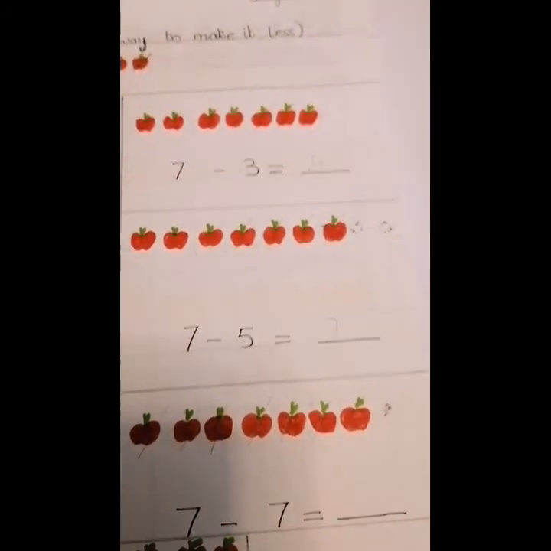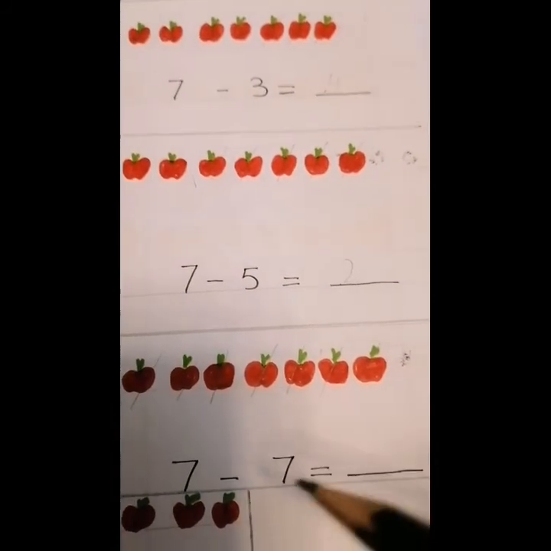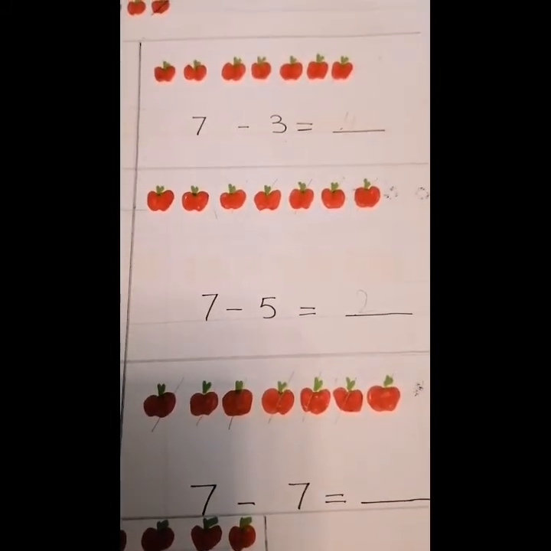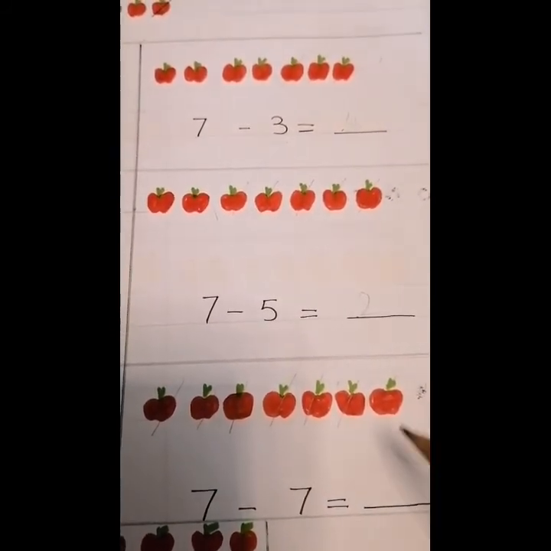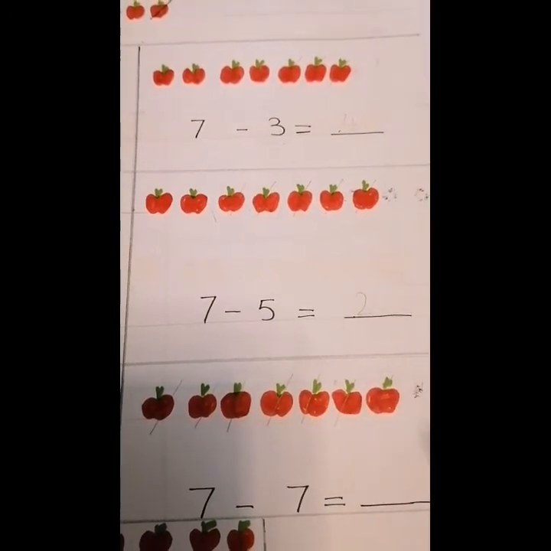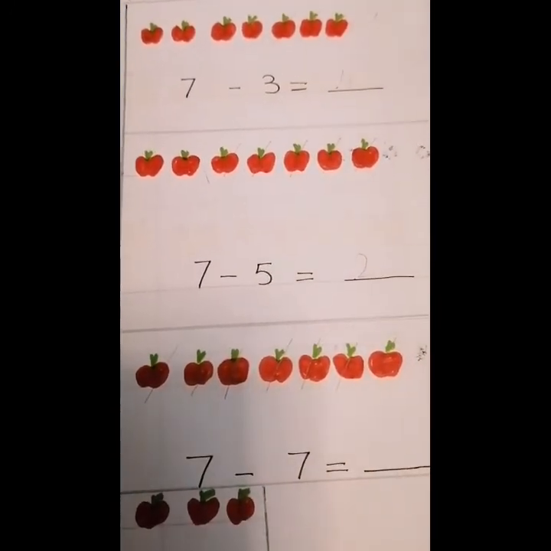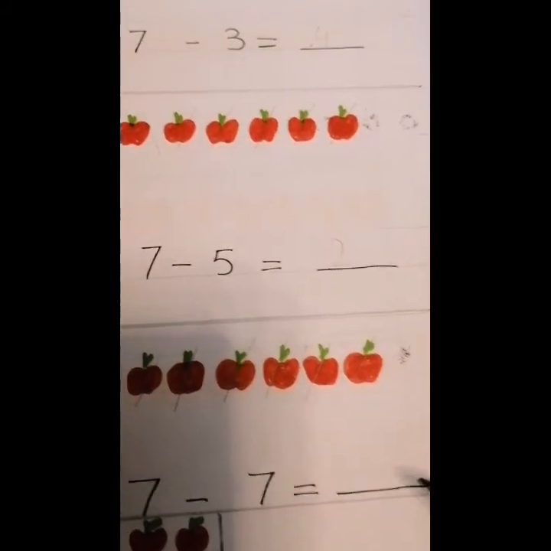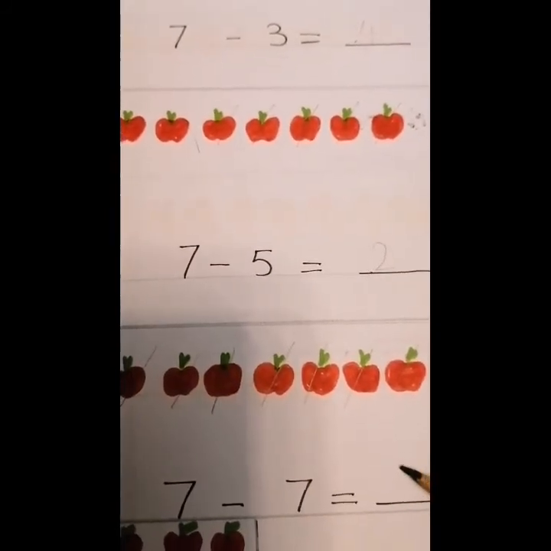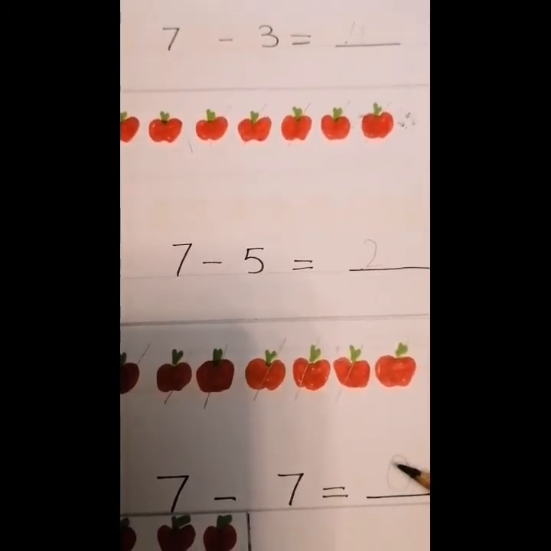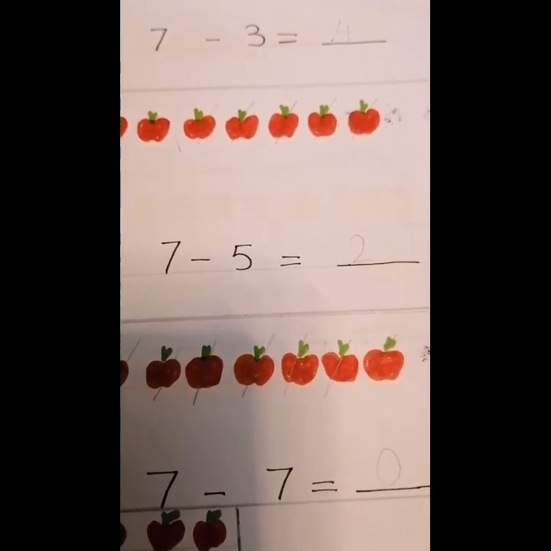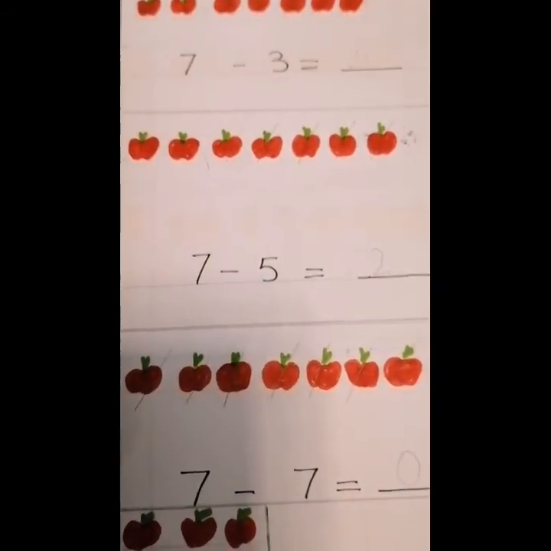If we have 7 apples and we give away 7 apples, how many are left? No apple. So 7 minus 7 is equal 0. And 0 means nothing. We are left with nothing.